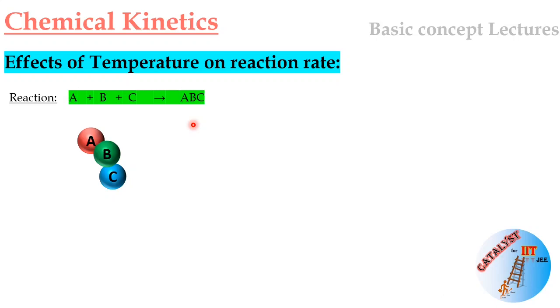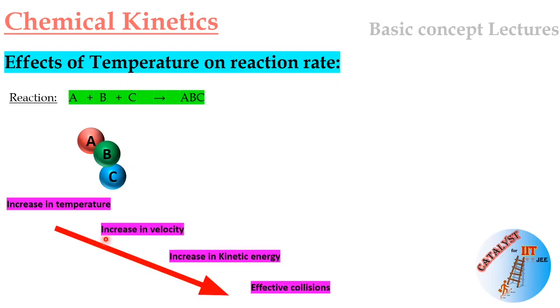You increase the temperature, that means you are increasing the velocity of the molecules. So what happens when you increase the velocity of the molecules? You are eventually increasing the kinetic energy, because the kinetic energy is half mv square, where m is the mass and v is the velocity.